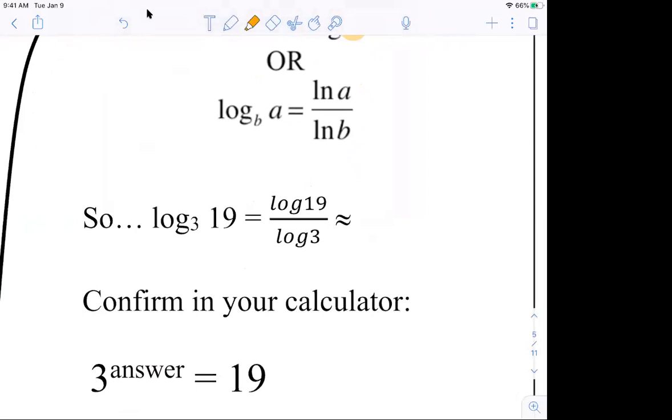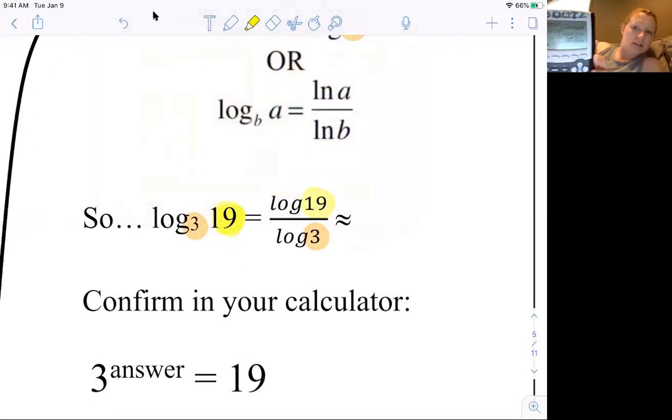So log base 3 of 19, notice again that 3, that small number, is the one that goes with the log on the bottom, and that 19 is the one that goes on the top. When you type that in your calculator, log 19, close your parentheses, divided by log base 3, you should get 2.68.